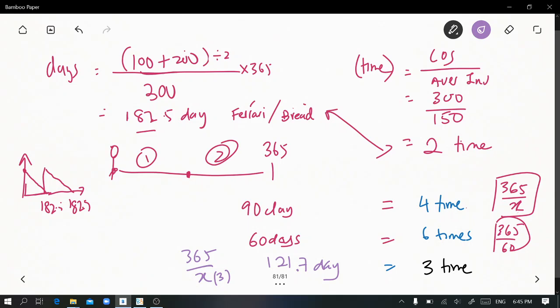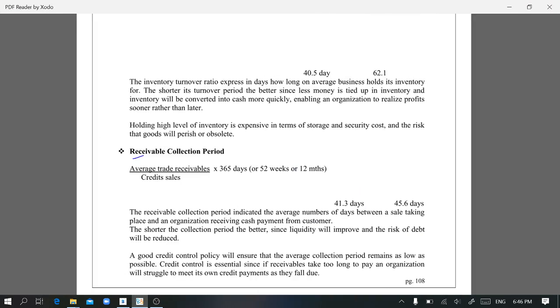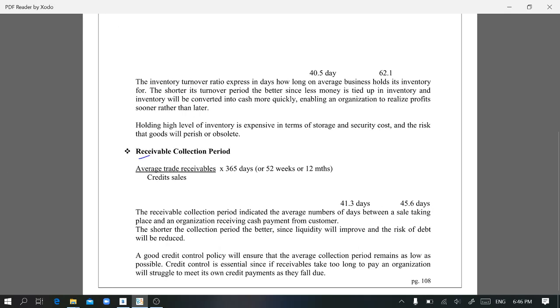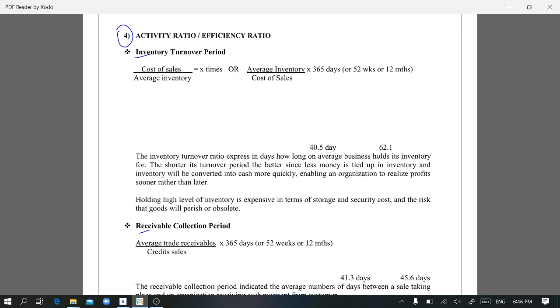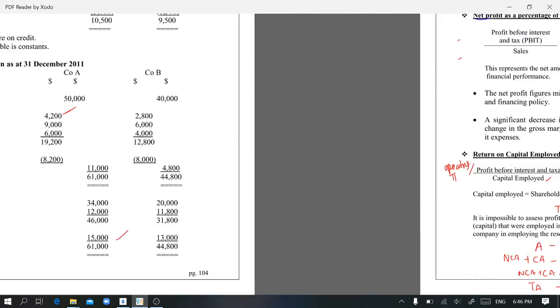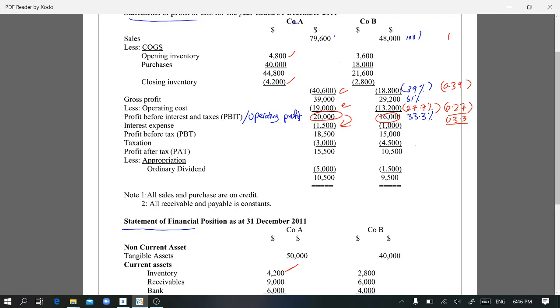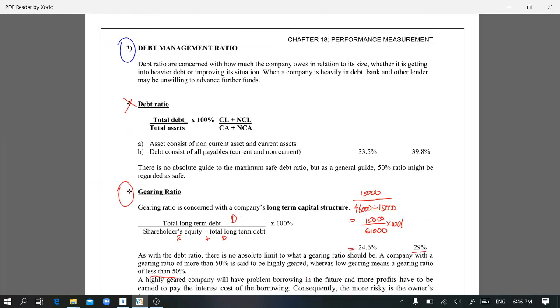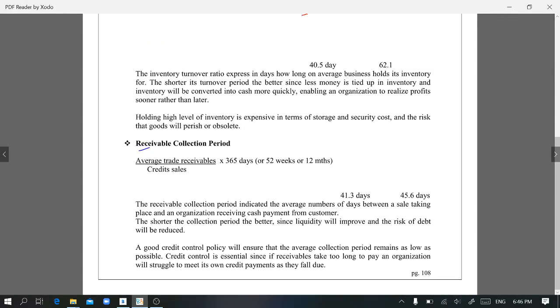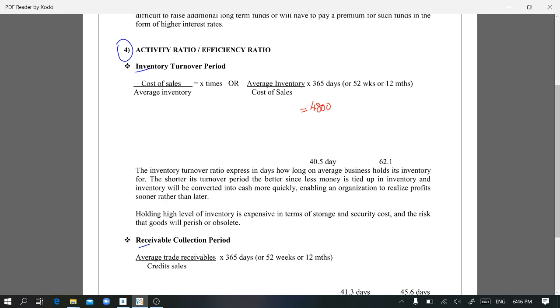Next, trade receivable. First, inventory for this example: average inventory, we have opening and closing, 4842, divided by 2 to get the average, then divided by cost of sales.